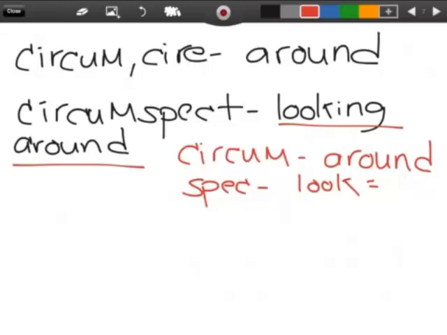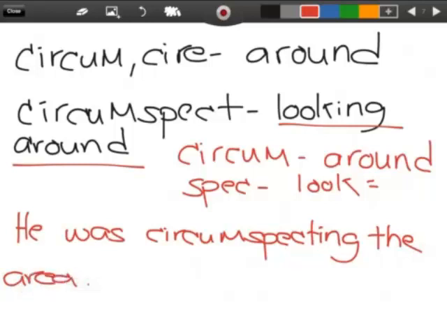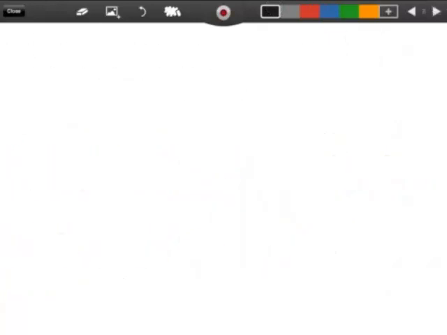And I'm going to go ahead and use this in a sentence. I'm going to say, he was circumspecting the area. Right, moving on to our next root is claim, clam.